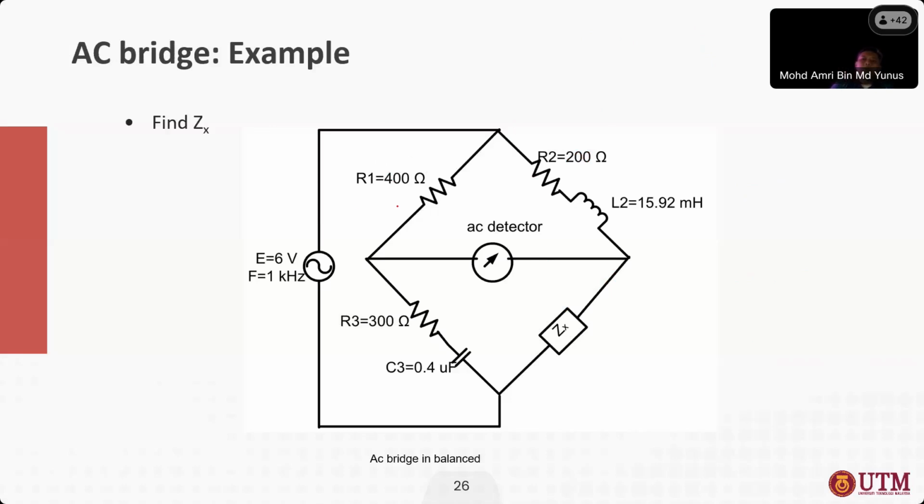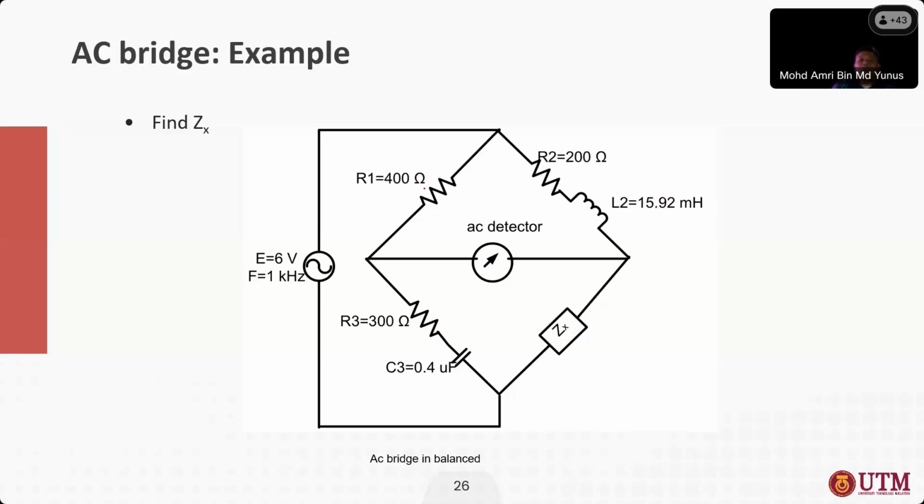The first arm here has a pure resistance 400, and the second arm here has a resistor in series with the inductor that the value of 15.92 millihenry, and the third has a resistor in series with the capacitor, but in this case we don't know the value of Zx.